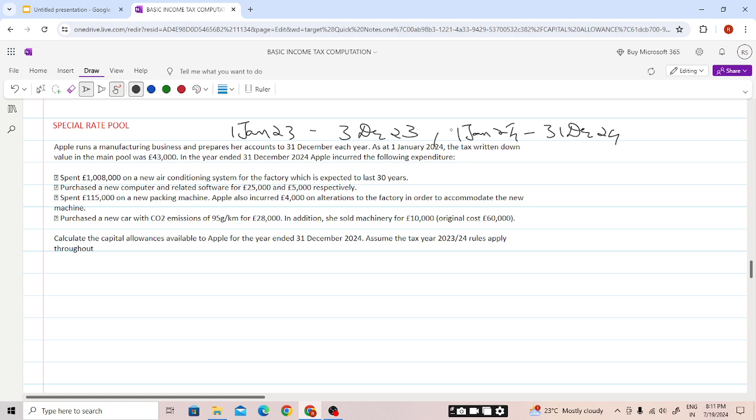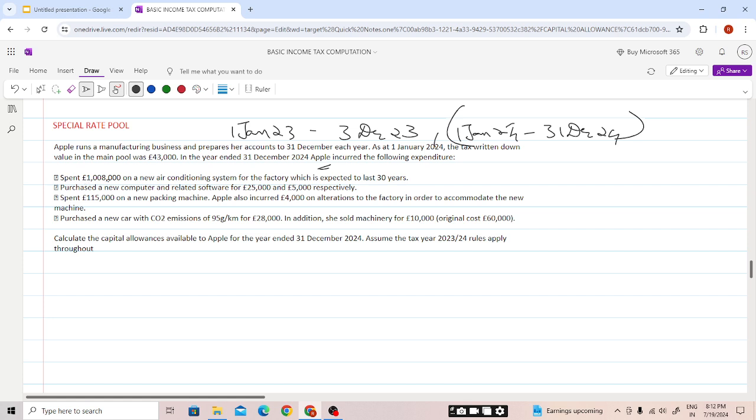As at 1st January 2024, the tax written down value in the main pool was £43,000. In the year ended 31st December 2024, Apple incurred the following expenditure.